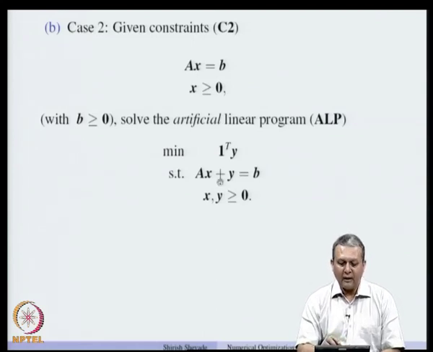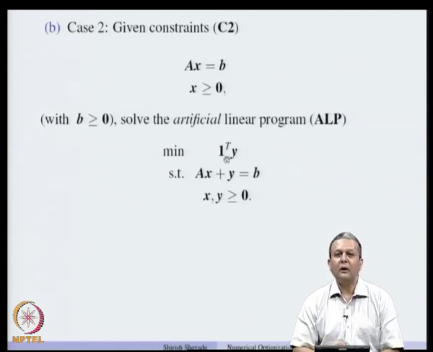On the other hand, if the optimal value of this artificial linear program is positive, then we can conclude that there is no basic feasible solution to the given set of constraints.